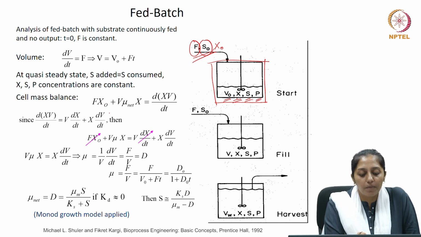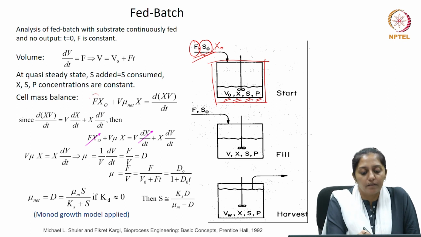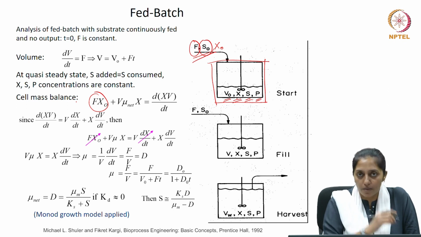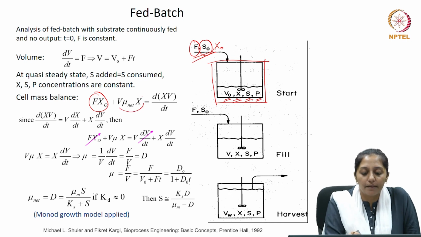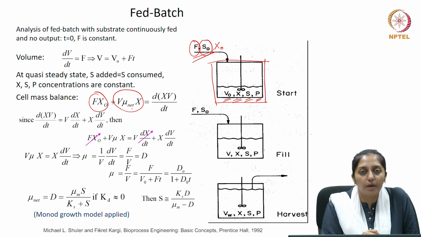Now if you do a cell mass balance, F X naught is the inlet. So it is the rate at which the biomass is coming inside the reactor. The second term, can you guess what is that? What does it talk about? Right. Can you see the term mu?